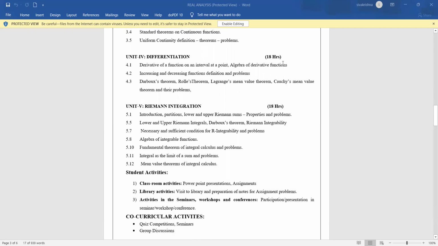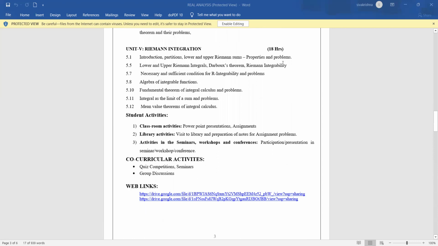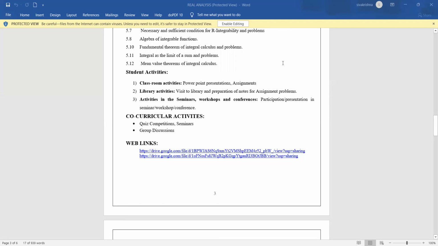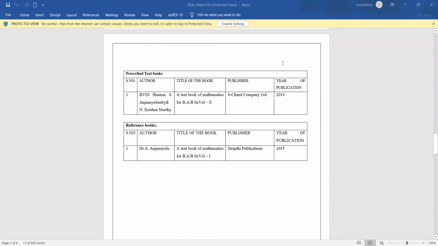There are also student activities which are to be conducted in the classroom, co-curricular activities, and web links. The web links are useful for you to look up materials regarding our subject. These are the web links provided regarding our syllabus. Coming to the textbooks, generally we will follow the prescribed S Chand textbook by BVSS Sharma, S Anjaneyulu, and N Krishnamurthy.